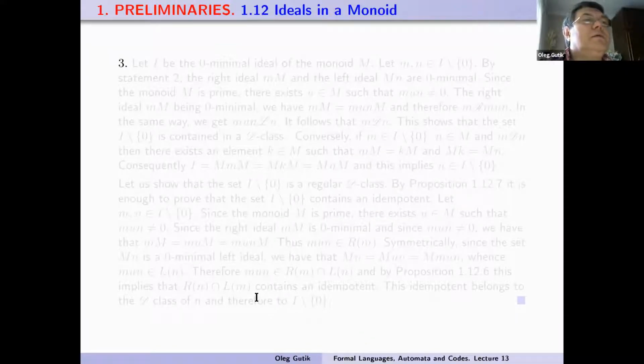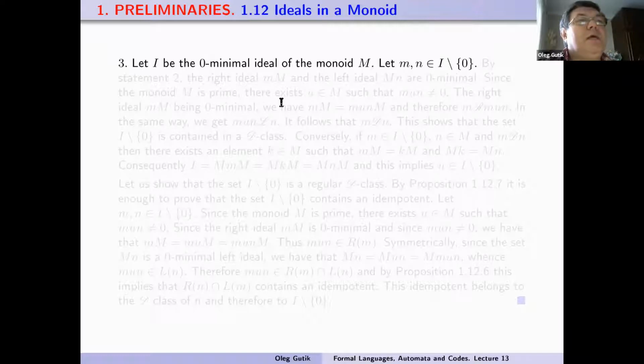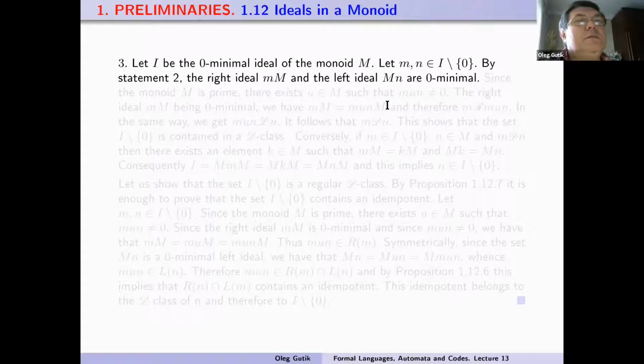We shall next prove the next statement. Let I capital be the zero minimal ideal of the monoid M capital. Let M and N be elements of the ideal I capital without 0. By the previous statements, the right ideal M capital and the left ideal M capital N are zero minimal. Since the monoid M capital is prime, there exists an element U from M such that MUN is not equal to 0.